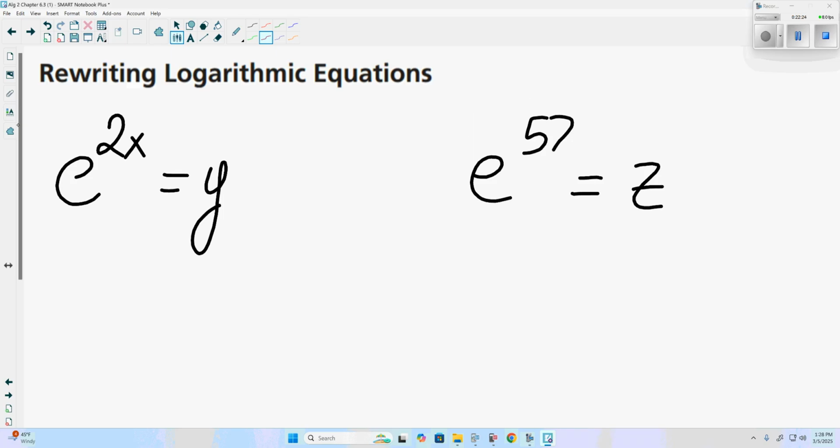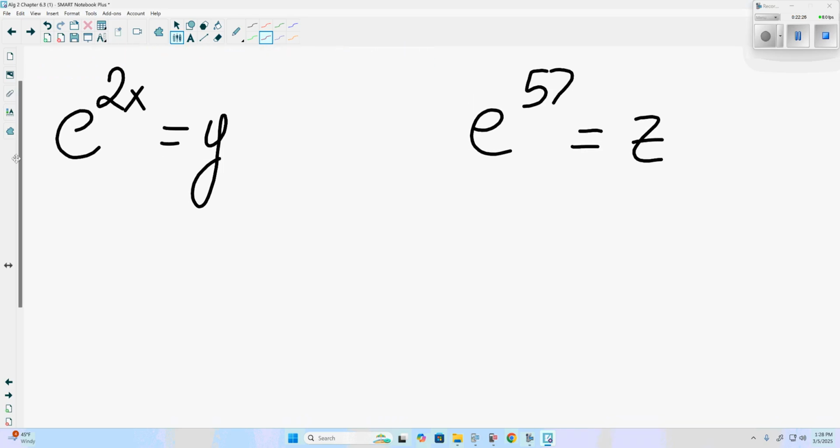Now we're going back to natural logs. So we're going to go back to our logarithms. So what would we have? The natural log of... because the base is e. We don't have to write it. But natural log base e of what?